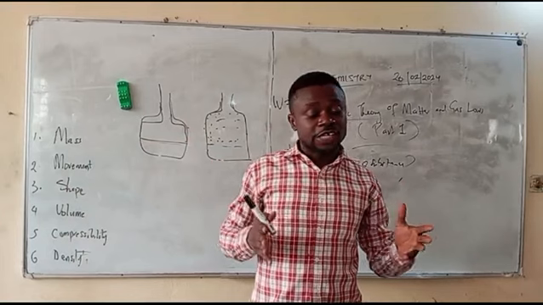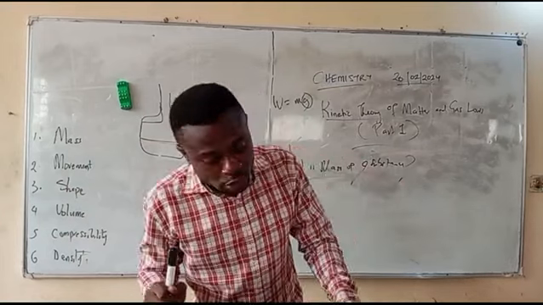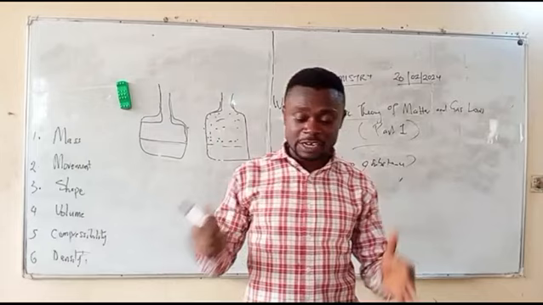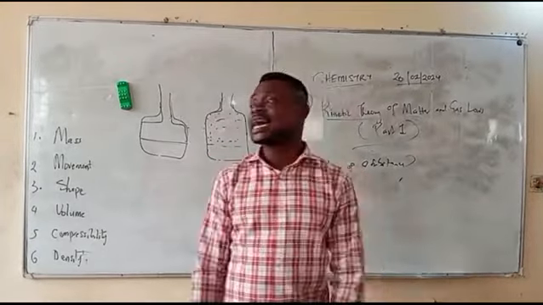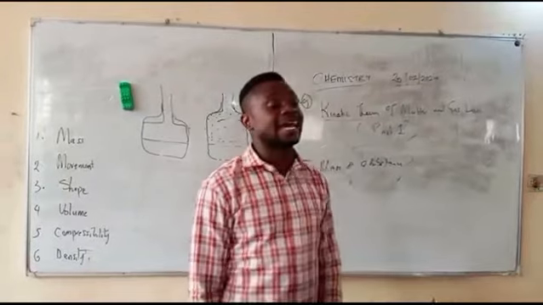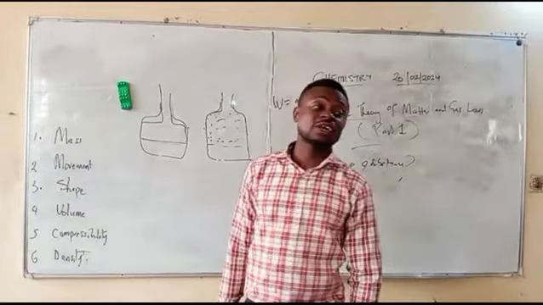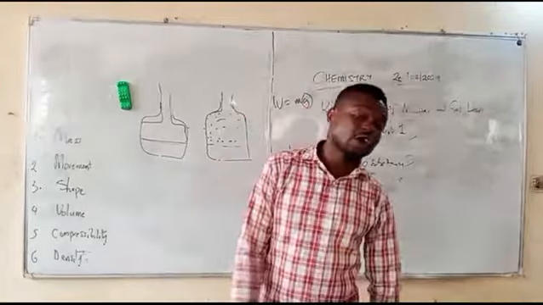But when that substance is not pure, when it has other impurities, it will not melt at a single point. It will melt over a range of temperature. We call it melting range, no longer melting point.